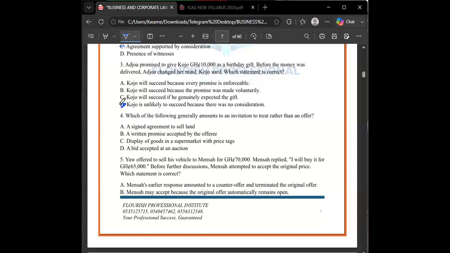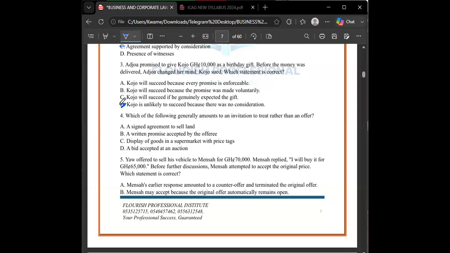That's where the doctrine of estoppel will stop Ada from refusing to pay that money, because Kojo has relied on the promise. But in this case, where that is not the issue, he is unlikely to succeed because he has not done anything to earn that money. It was just a promise. It doesn't form a contract.